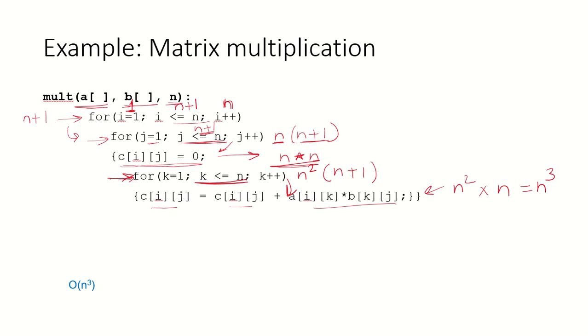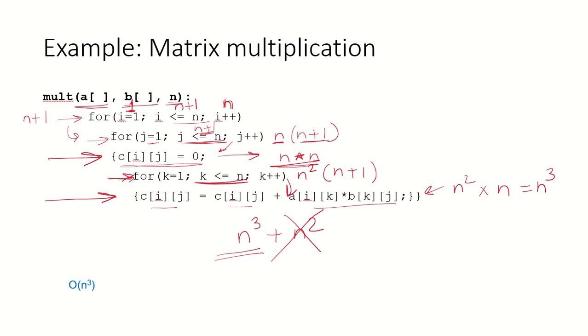If we count the number of times these statements are computed, it is n cube plus n square. If we take the high order term, we can ignore the lower one, and say that the time complexity of this algorithm is order of n cube.